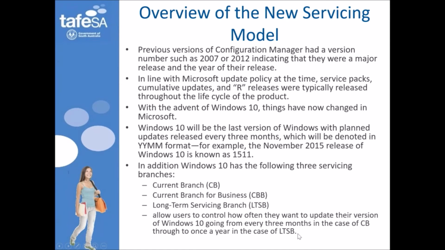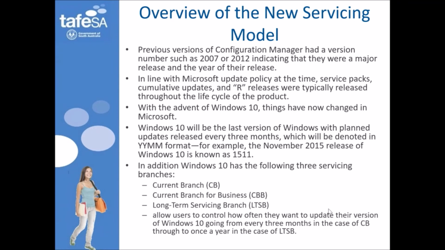So basically, for example, TAFE SA, you might have seen that the version was 2018. That's because they don't necessarily have to update every 3 months. This current branch is what most of our personal computers are set to, meaning they update every 3 months, every quarter, like we talked about.